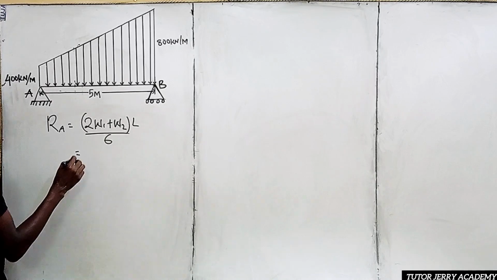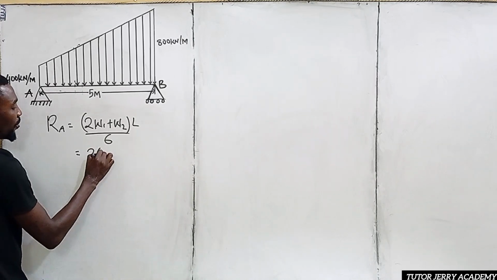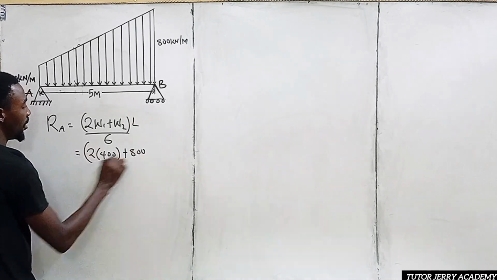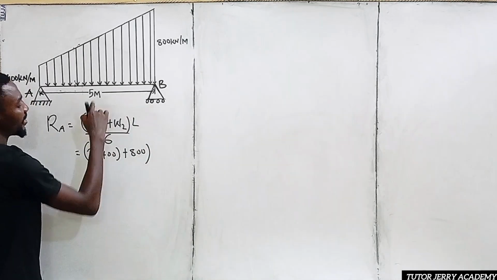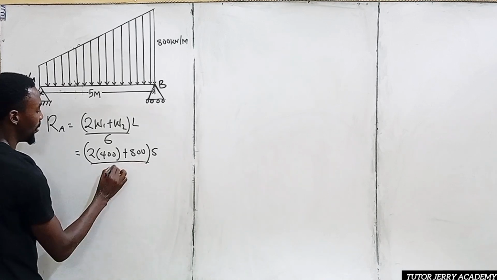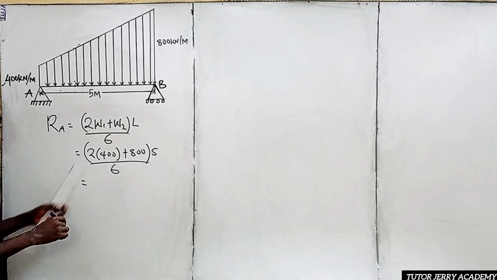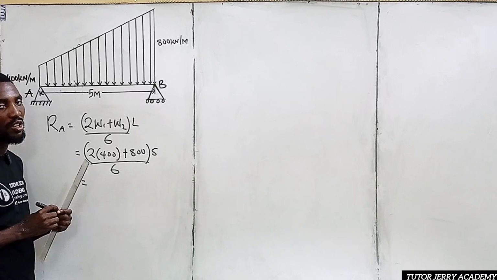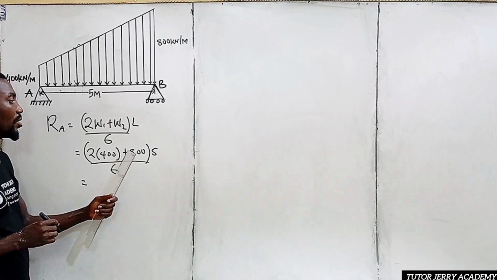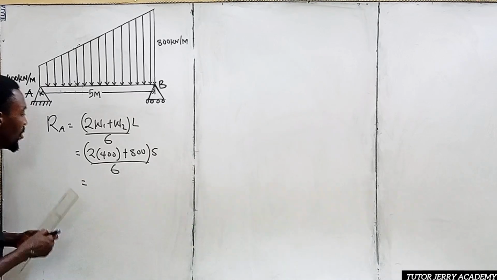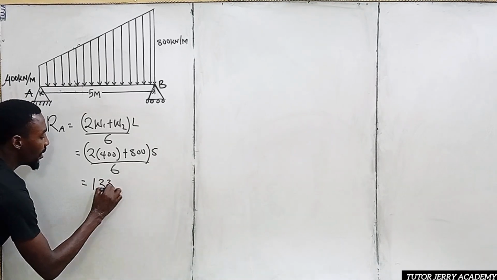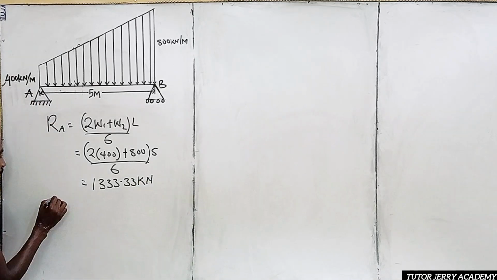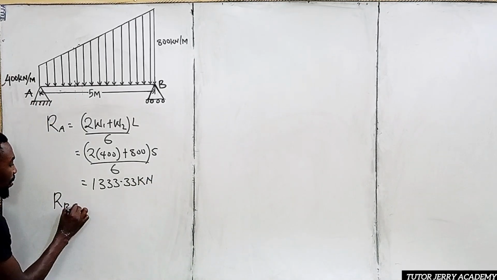Our W1 is 400, so it's 2 into 400 plus W2, which is 800, then we multiply by L, our length, which is 5, then divide by 6. 2 multiplied by 400 is 800, 800 plus 800 is 1,600, and 1,600 multiplied by 5 divided by 6 gives us 1,333.33 kilonewton.